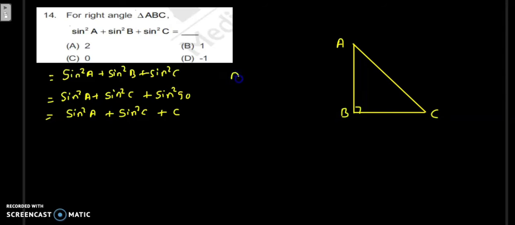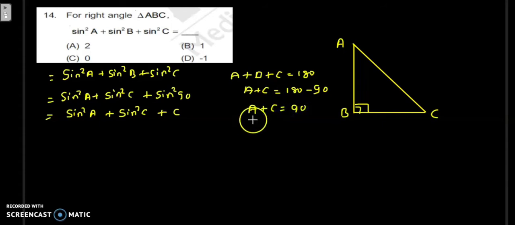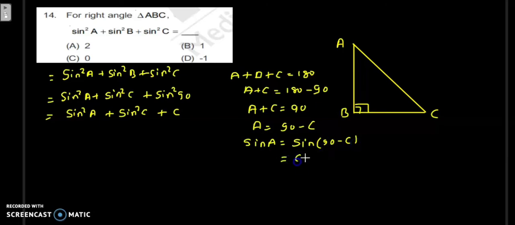Then A plus B plus C equal to 180. Then A plus C equal to 180 minus 90. Why 90? Because this angle B is 90 degrees. So A plus C is 90. Then A equal to 90 minus C. If I take sine here, sine A is equal to sine of 90 minus C. Sine 90 minus theta will be cos theta.